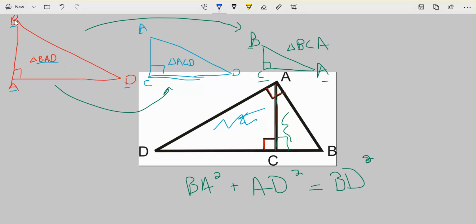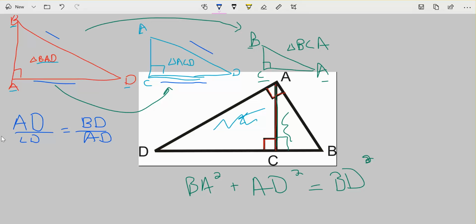For the first triangle, I know that AD, that's this one, over the one in the same spot on this triangle, so that would be CD, is going to be equal to the hypotenuse on this one, which is BD, over the hypotenuse on this one, which is AD.